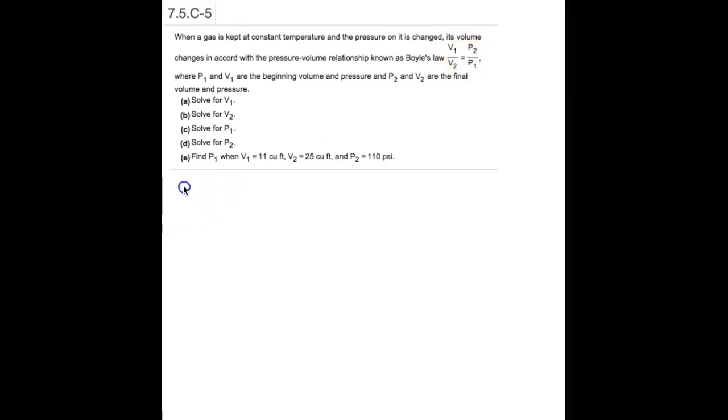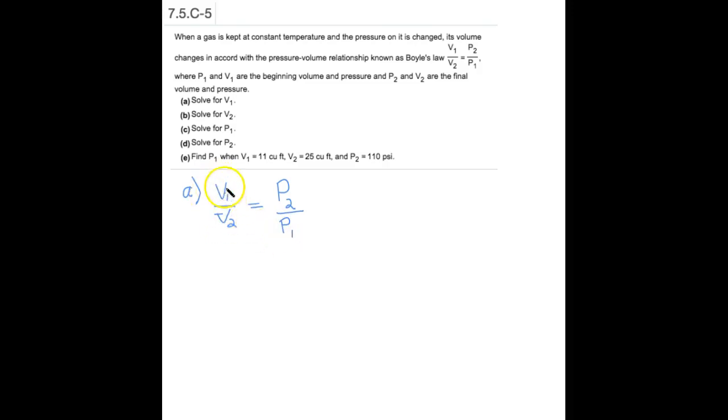So for part A, when we are asked to solve for V sub 1, what that means is that we're trying to get that V sub 1 term by itself. So it's really algebra.